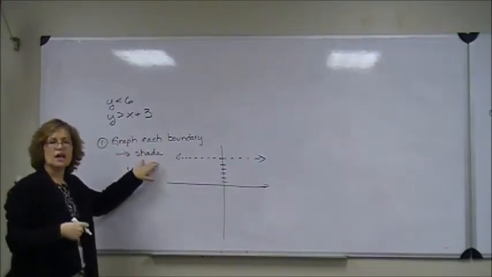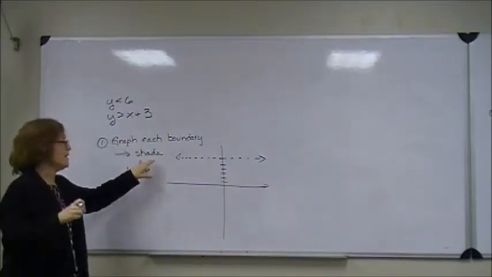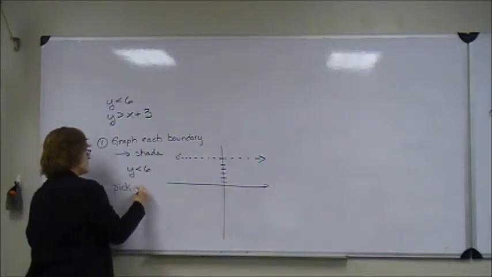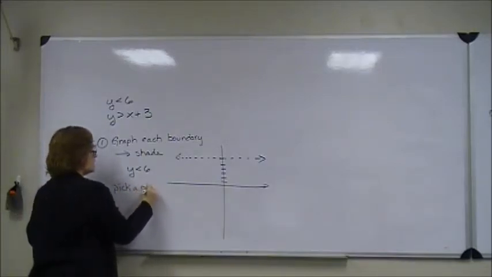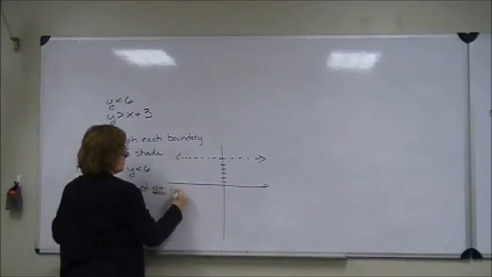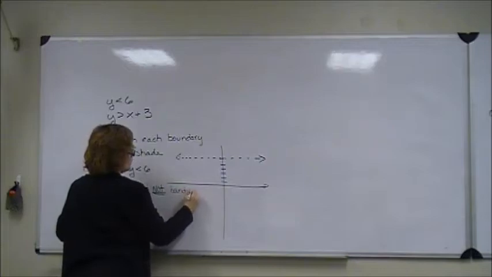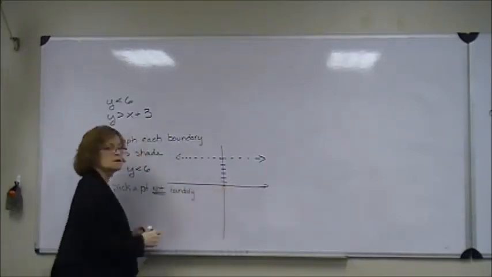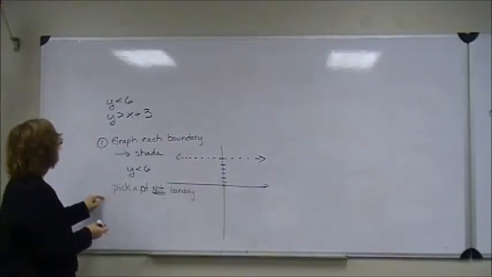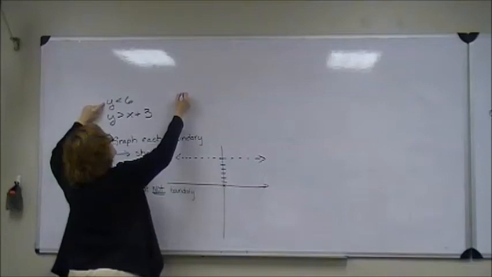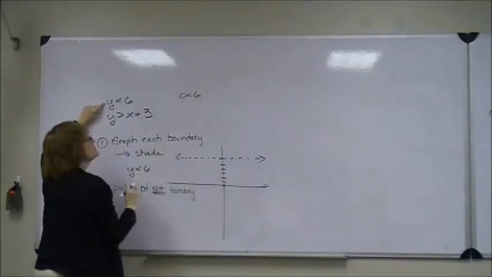Well, then the second part is I got to shade. Well, how do I shade? Well, remember, you pick a point. So we're going to pick a point that is not part of the boundary. Well, the easiest point to pick is 0, 0 if it's available. So then you're going to put that into that inequality, and let's test it. 0 is less than 6.